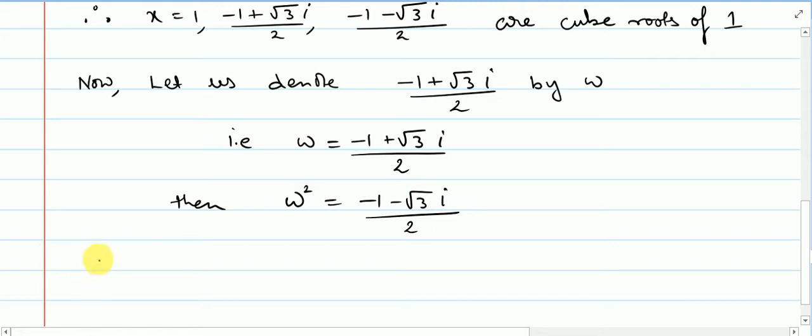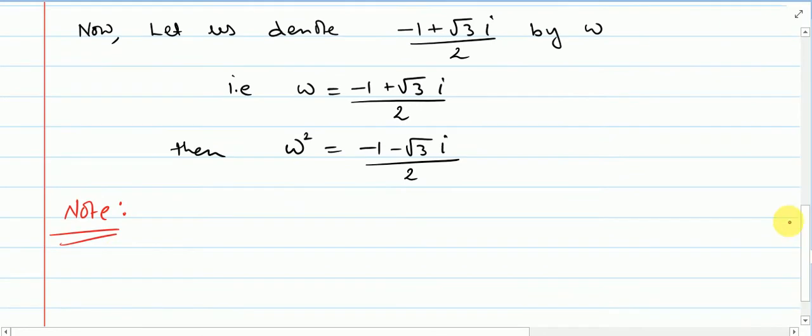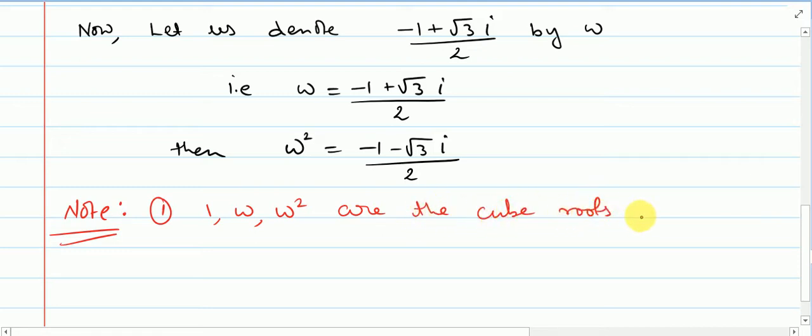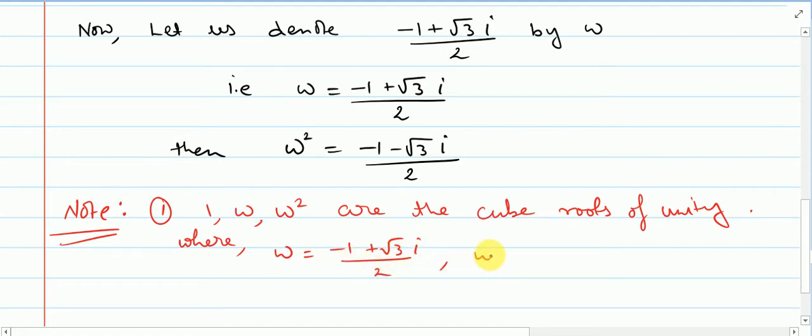So this is done, and note number 1: 1, omega, omega square are the cube roots of unity, where omega is this, and your omega square will be the other one.